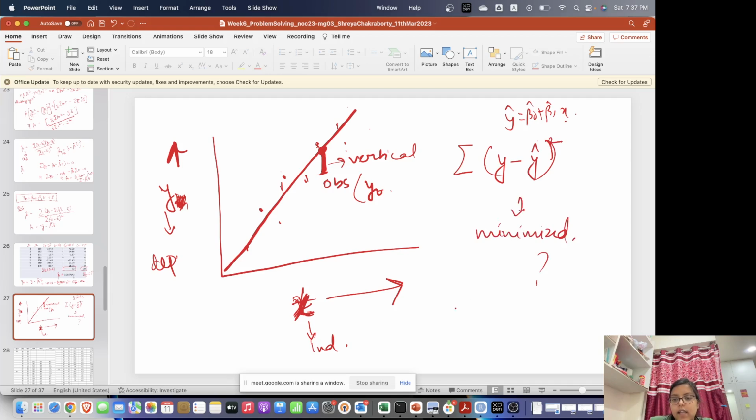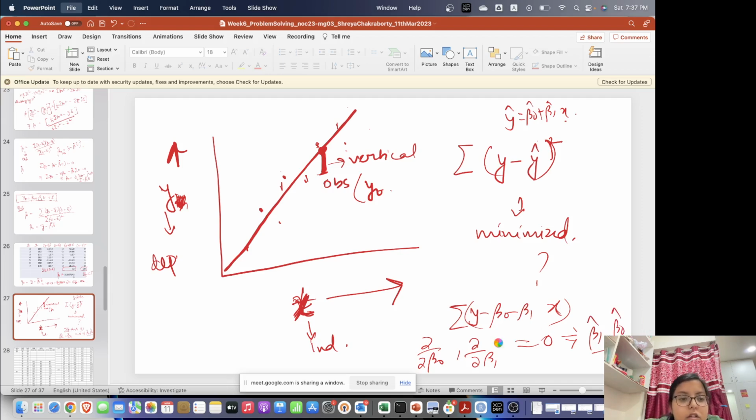We are taking this form, differentiating with respect to the unknown parameters, equating them to 0, solving the equations and getting the estimates of beta naught hat and beta 1 hat.